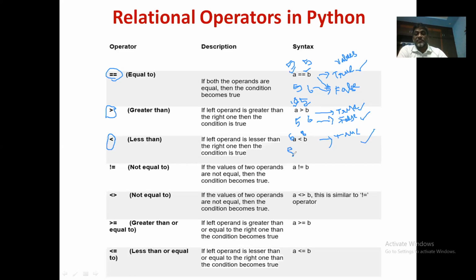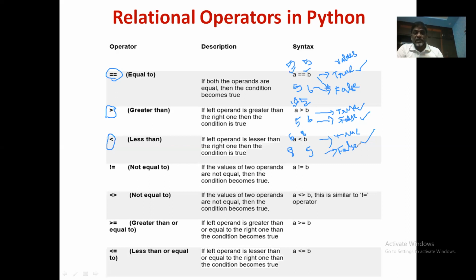Otherwise, if A is 8, for example, and B is 5, then the question's answer is no. Is 8 less than 5? That is the question. So the answer is obviously no. No means false in any language. So this statement returns false. So true or false.